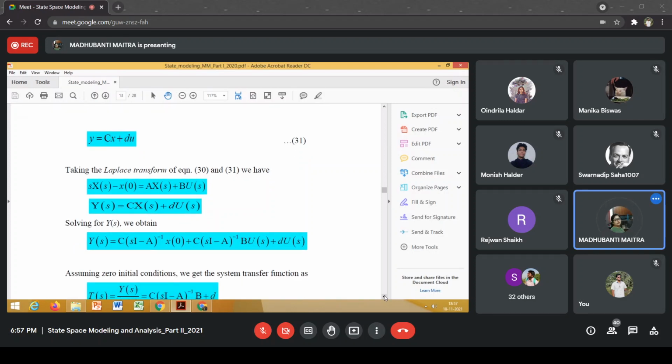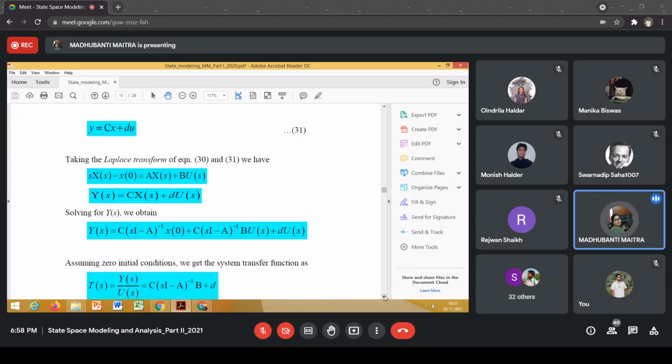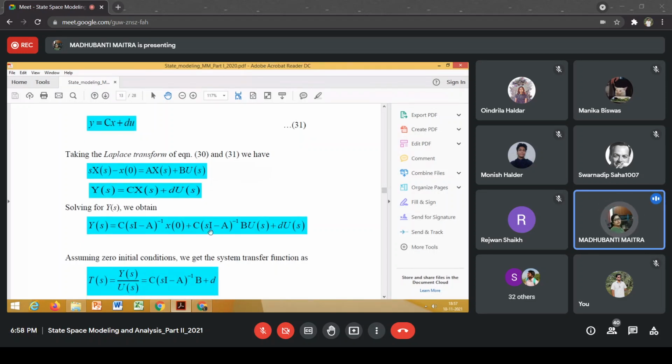Now since we are trying to obtain the transfer function of the system, the basic assumption is the initial conditions are 0. So this term will vanish, and Y(s) will be equal to C (sI minus A) inverse B U(s) plus small d U(s).